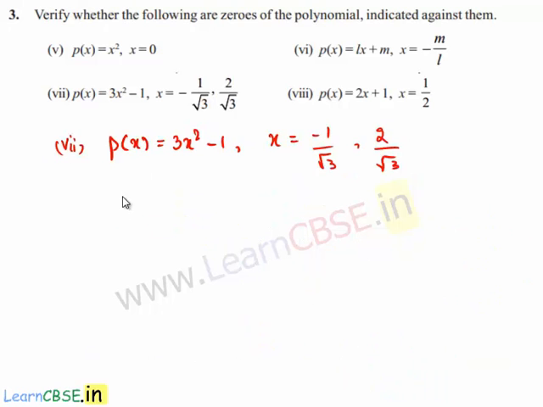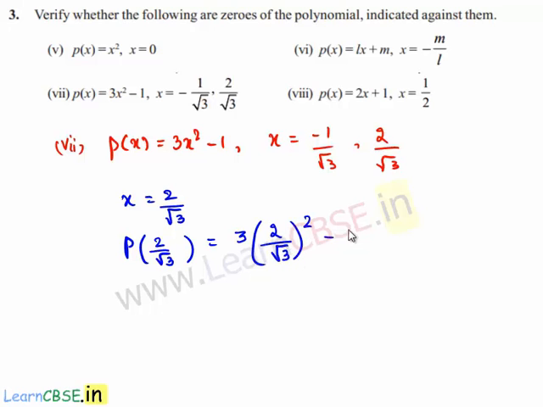Now let us substitute x is equal to 2 by root 3, which gives p of 2 by root 3 is equal to 3 times x square becomes 2 by root 3 whole square minus 1. I have already mentioned in the previous problem, root 3 square is equal to 3 power 1 by 2 whole square, which is 3 power 1, nothing but 3 only.